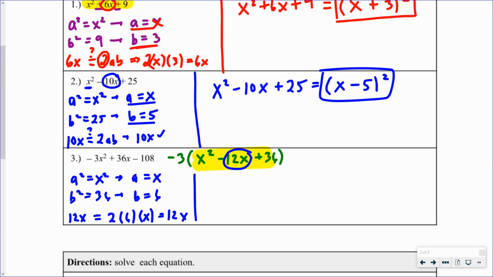So negative 3 times the quantity x squared minus 12x plus 36 is going to factor to our GCF times, in this case, a is x and b is 6, so x minus 6, that whole quantity squared.